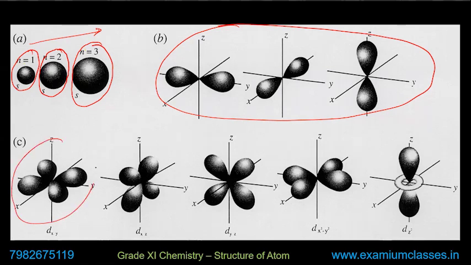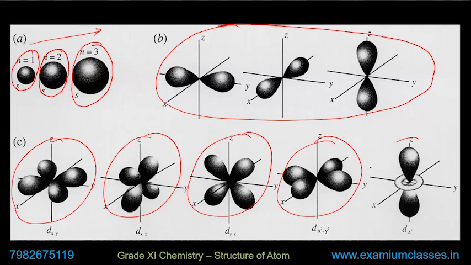Now D, there are 5. Can you recall why these are 5 and what digits are assigned to these orbitals? There are 5 values for m: -2, -1, 0, +1, +2. Right, good.